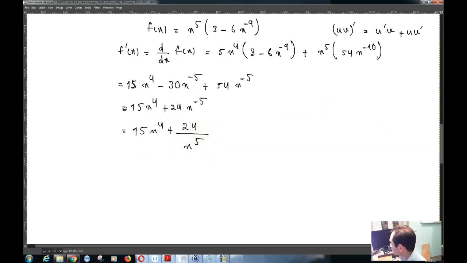It just depends on what you want to do. But basically the final answer has been written like this, so I'm not going to bother about the rest of that.